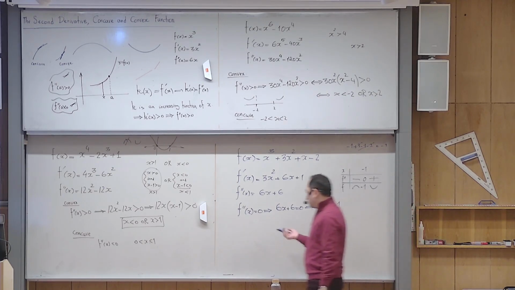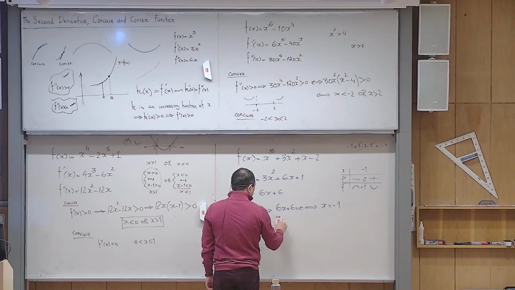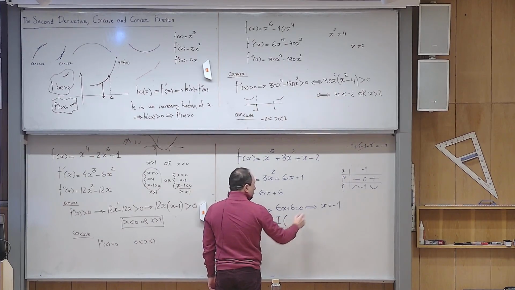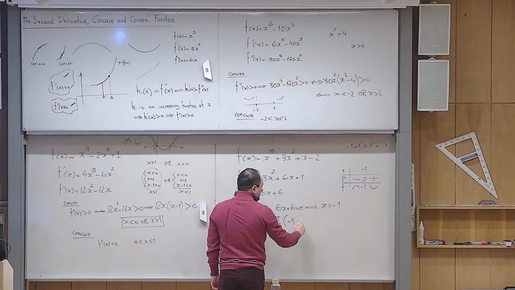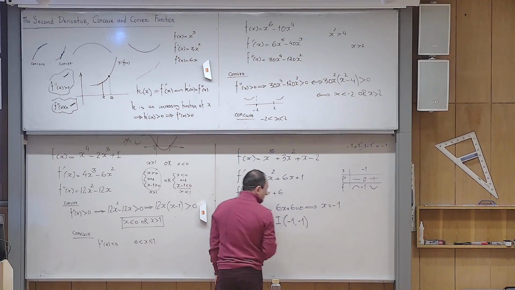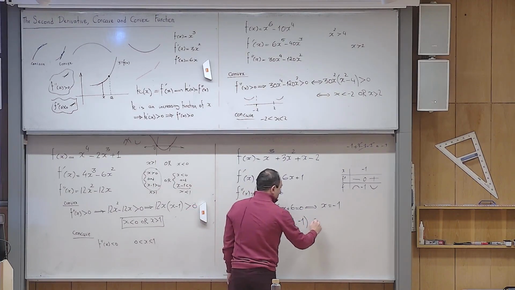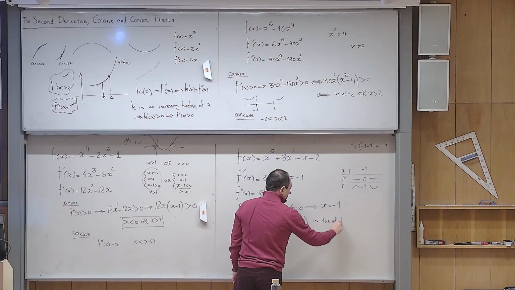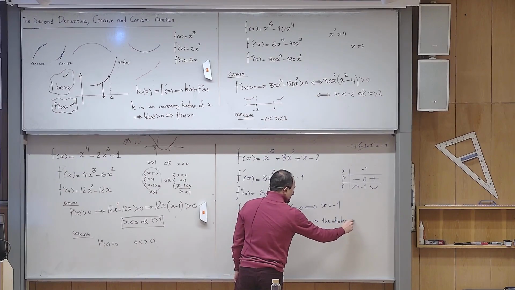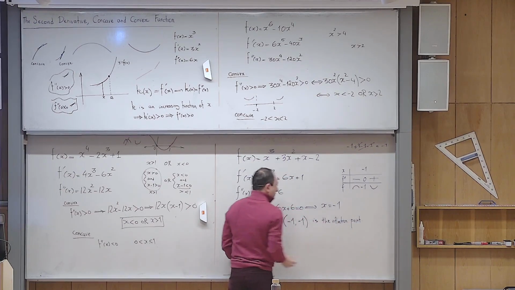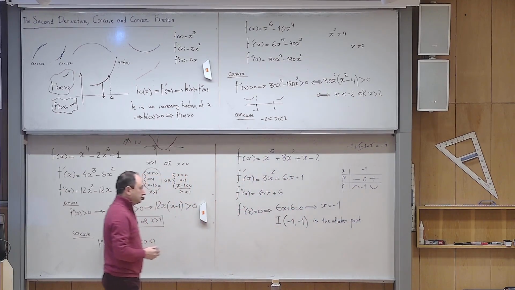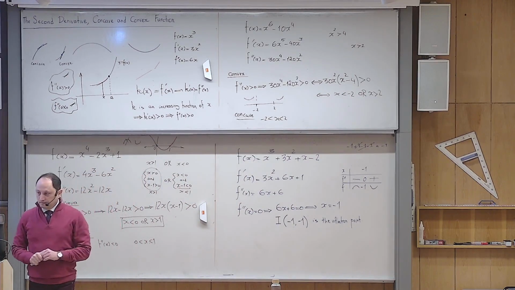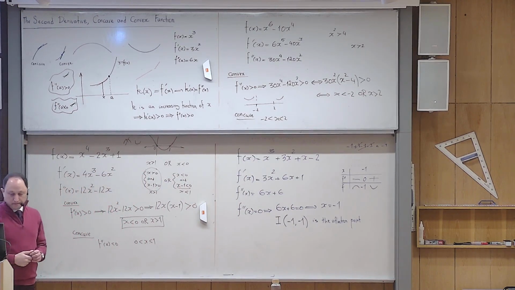So the inflection point is usually denoted by I. So I would say that I, whose x-coordinate is minus 1, and the y-coordinate here coincidentally is minus 1 again, is the inflection point. Yes? Is that understandable?